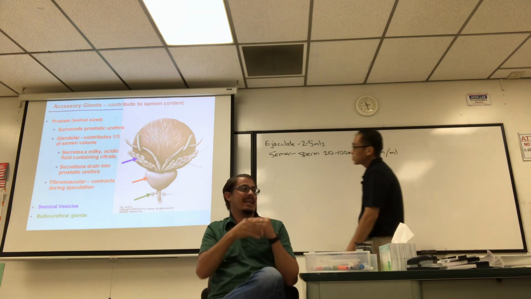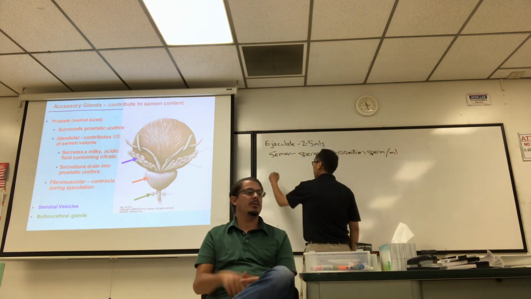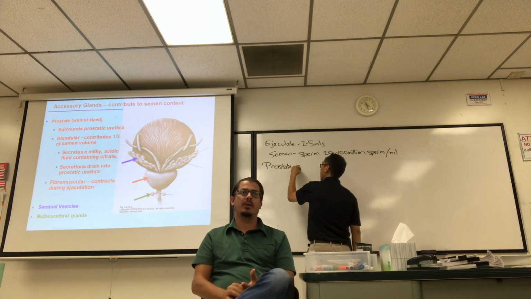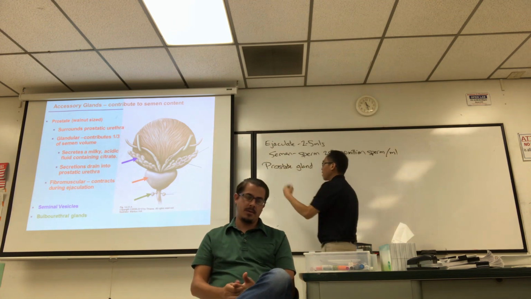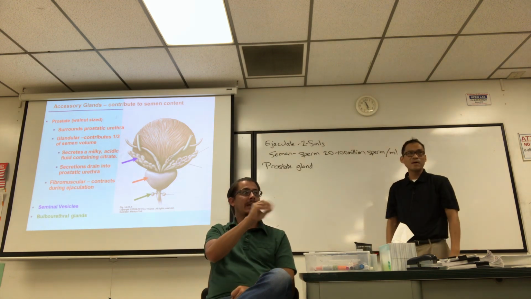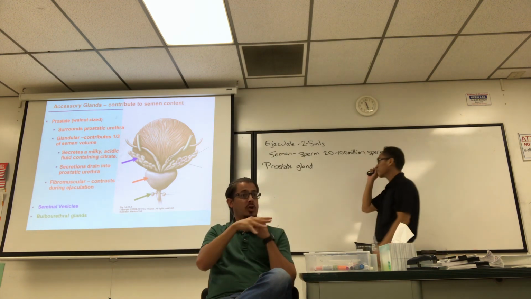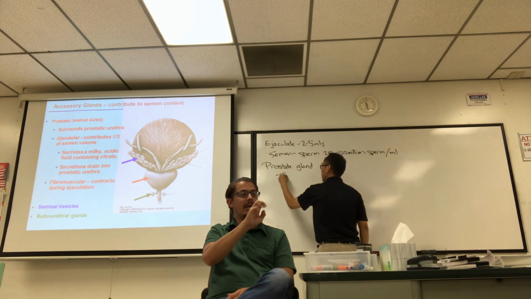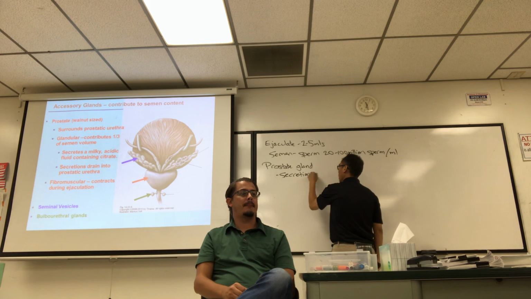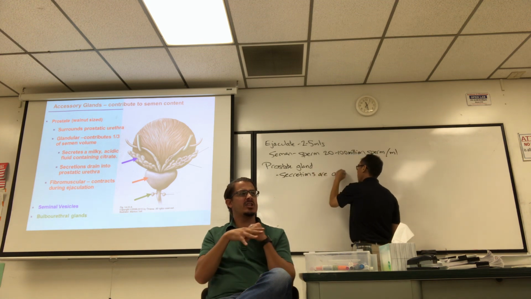So the first one is, how about prostate? That's what I got here, prostate gland. Well, it surrounds the prostatic urethra, so obviously it secretes into prostatic urethra. Now the secretions are slightly acidic.